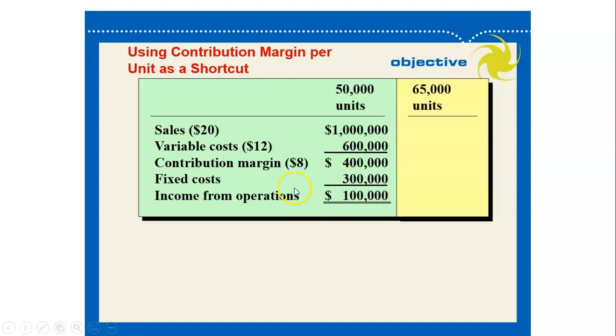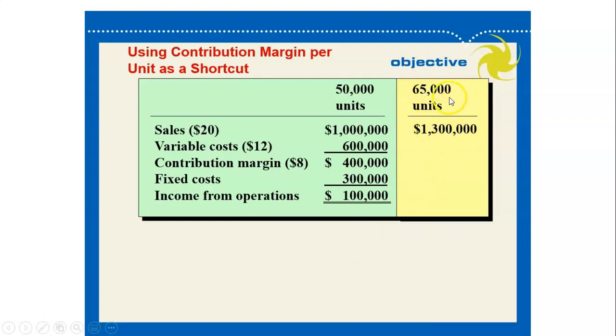Now, once we have these per unit amounts, it's easy to figure out, if we're the manager, okay, we made $100,000 operating income when we sold 50,000 units. What if we can sell 15,000 more units? How will that change our operating income? So now I take the 65,000 units, multiply it by the $20, and that gives me 1,300,000 in sales.